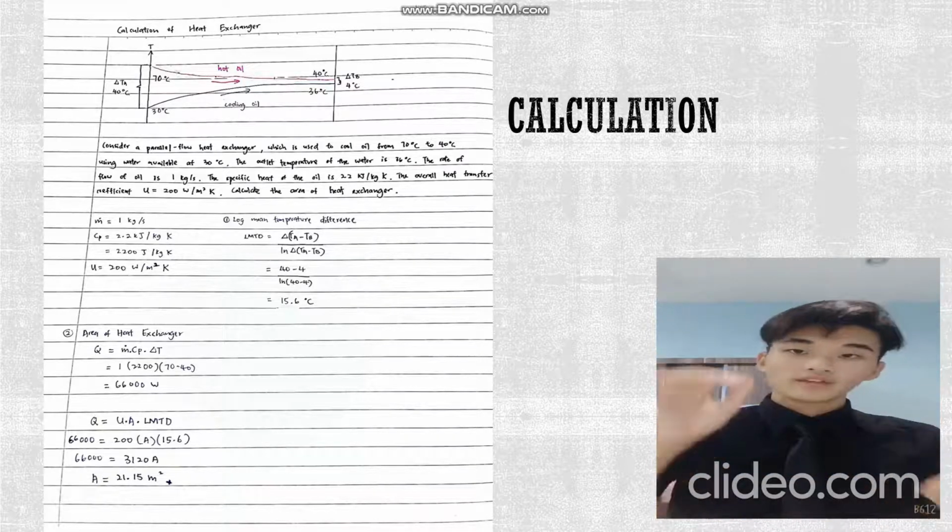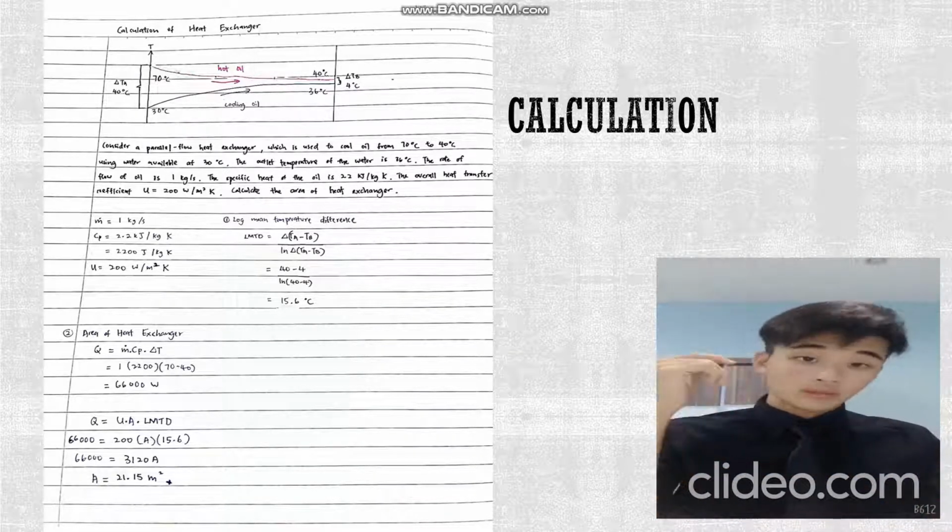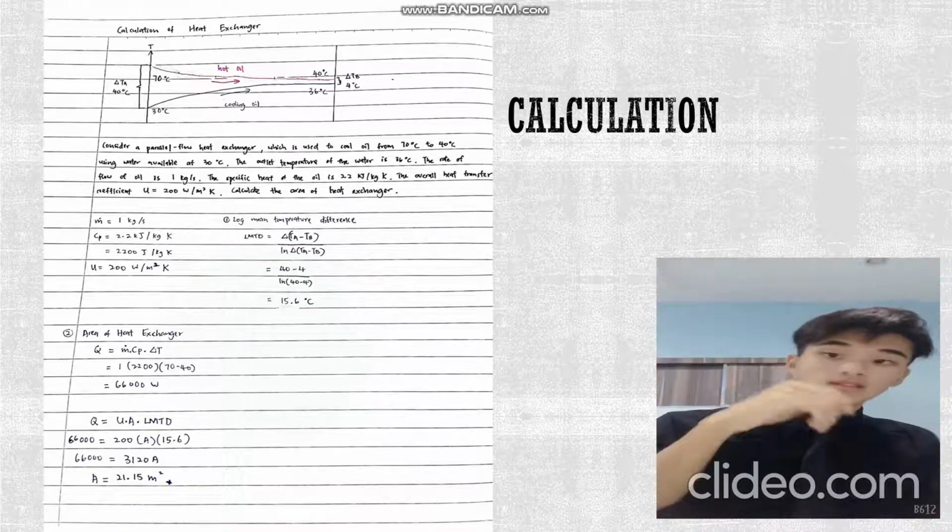So we get the final answer for log mean temperature difference is 15.6 degrees Celsius.